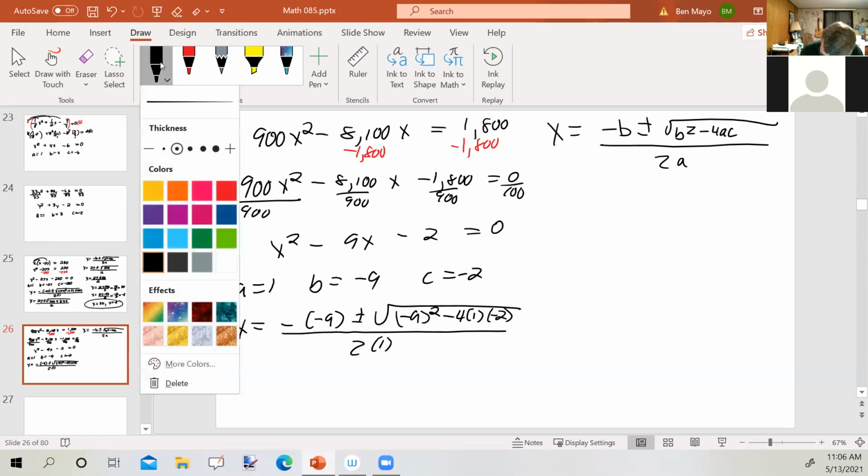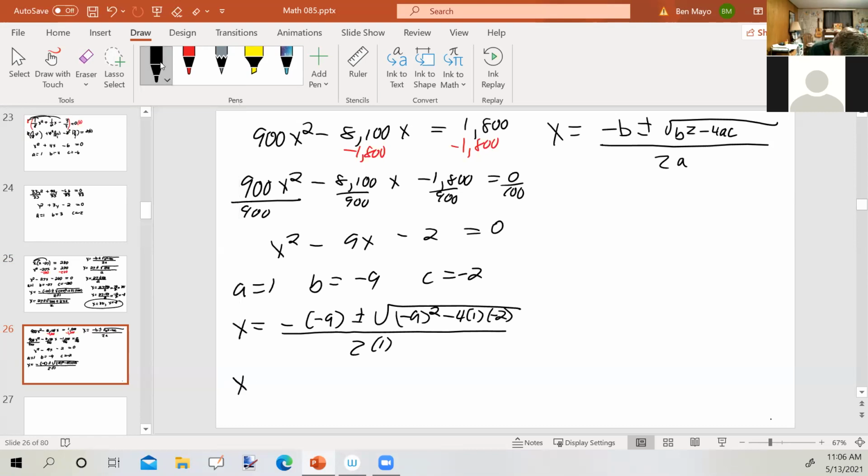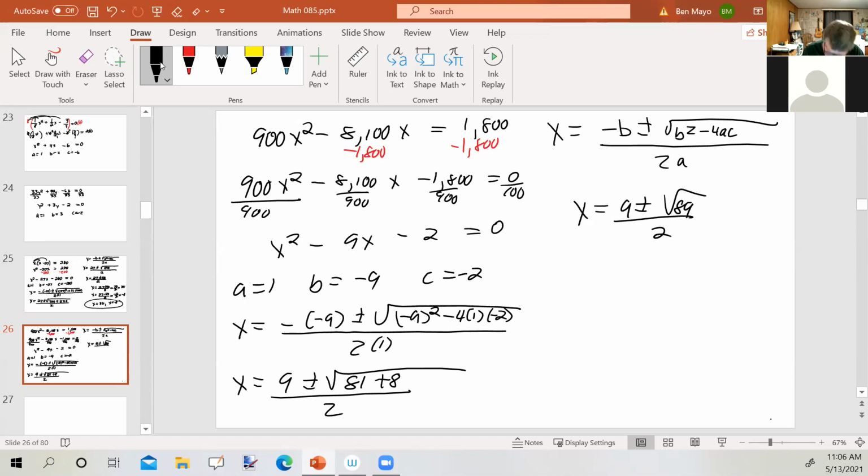Okay. So now we've got x equals 9 plus or minus the square root of -9 times -9, which is positive 81. -4 times 1 times -2 would be +8, all over 2 times 1, or 2. x equals 9 plus or minus the square root of 89 over 2.